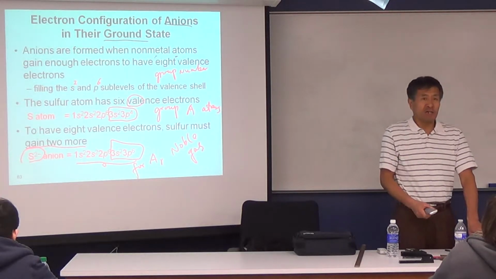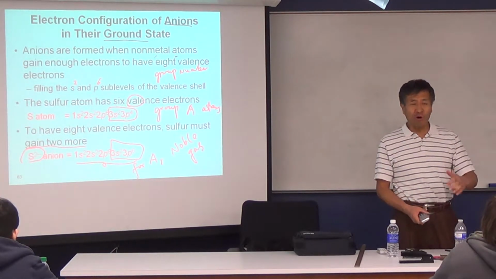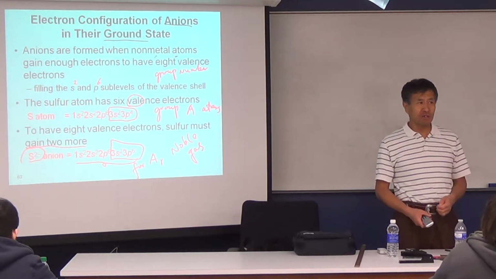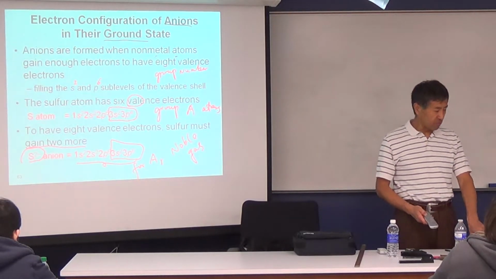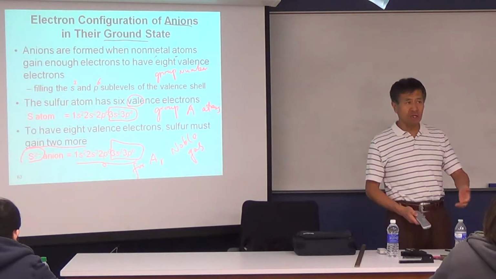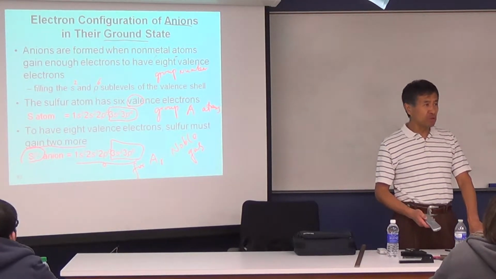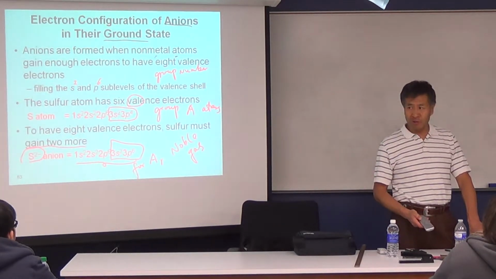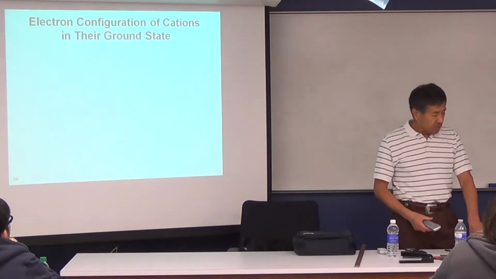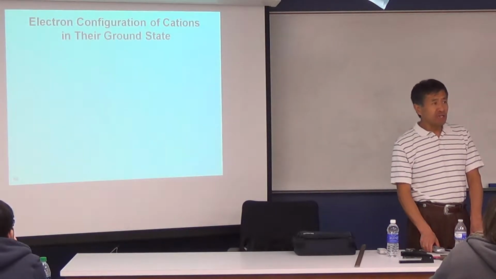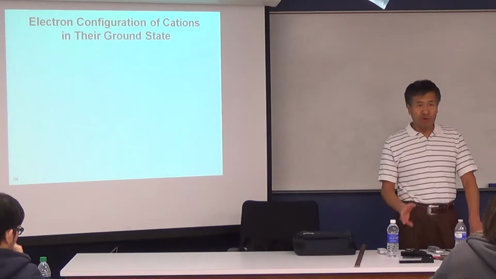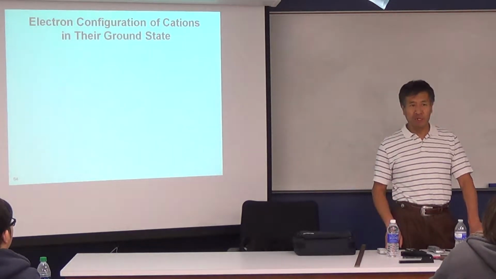Even though not all atoms have the same pattern, and there are some exceptions, for most atoms you just add according to 3s, 3d, 4s, 3d, and so on. Now the cation: you get the cation by taking an electron away from the neutral atom.